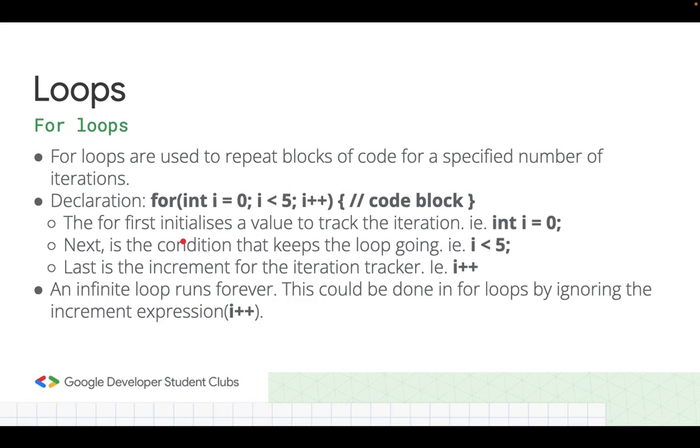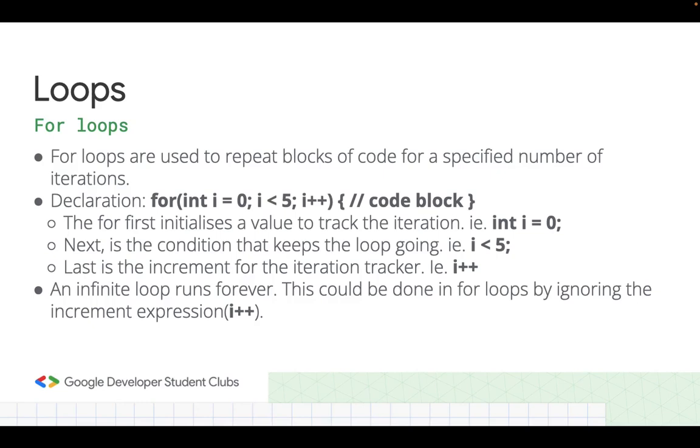First of all, it takes three expressions within the brackets. The first one is to initialize your, let me call it your iteration counter. It just keeps track of your iteration. And then the next will be the condition for the loop, where if that condition evaluates to true, your for loop keeps running.